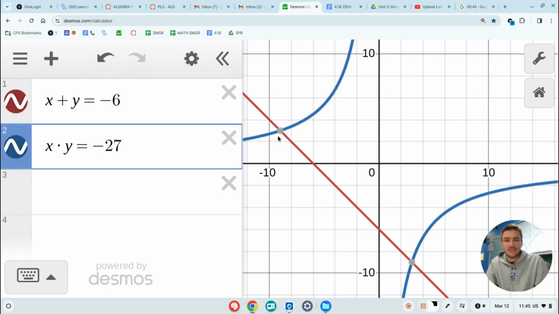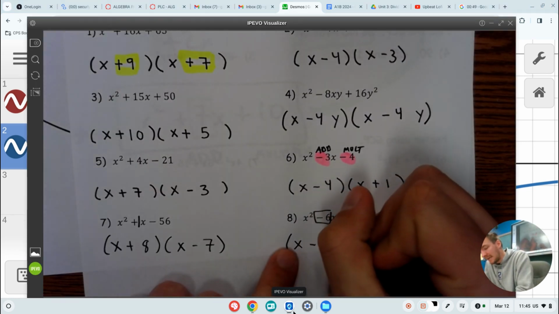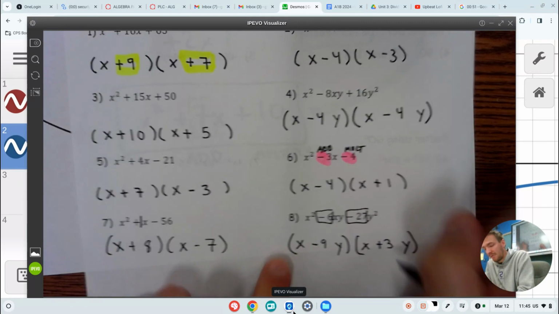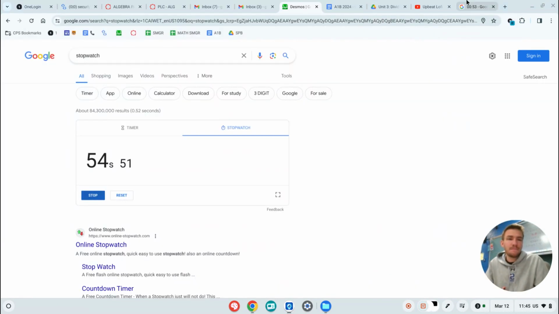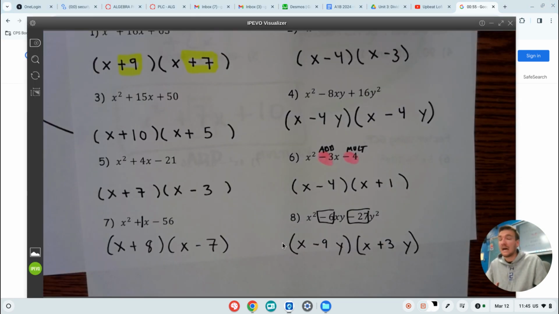Look at where they touch, and they touch at -9, +3. -9, +3. And those 2 questions took us less than 1 minute. That included a y question. These are not long. They are not hard. You use Desmos. The Desmos solves the puzzle for you.